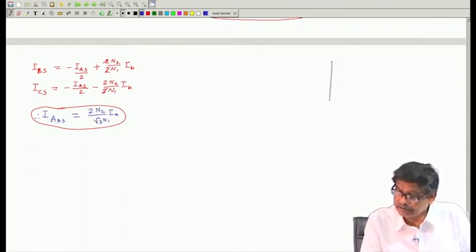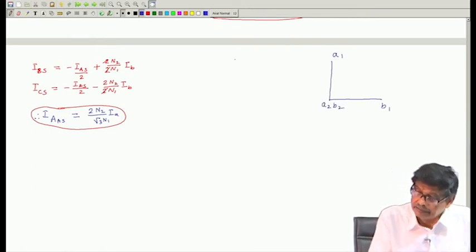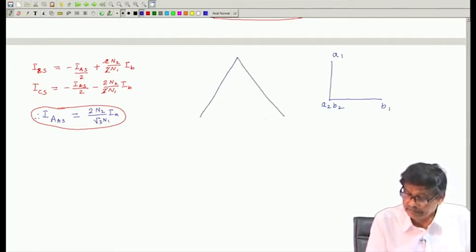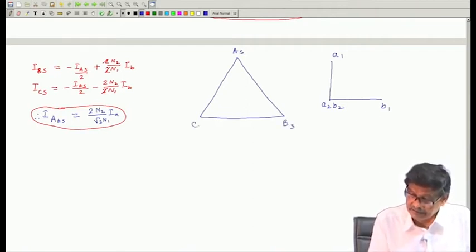So, it was like this: A1, B1 and this is A2, B2, and primary phasor diagram was like that: AS, BS and CS, and this was the point 2.